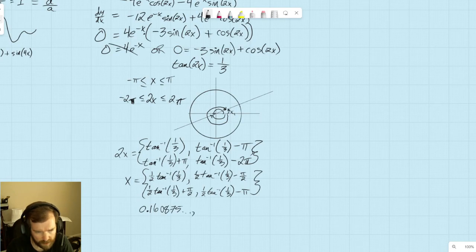There's more to it than that, but nonetheless, 0.5 times inverse tangent of 1/3 minus pi is going to be, there we go, a negative 2.98072.